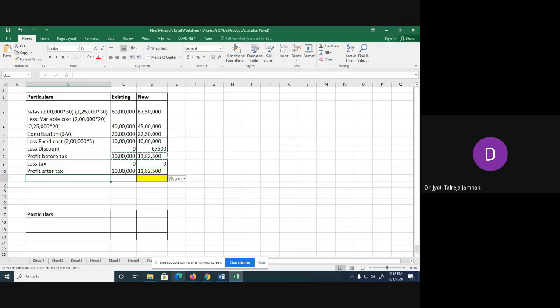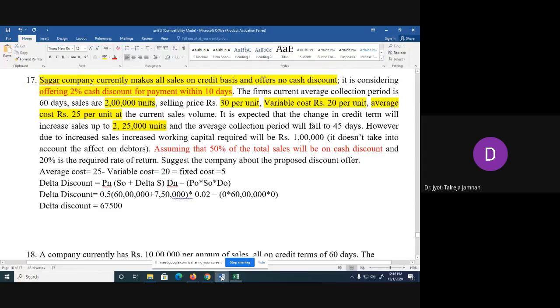Now there is one more thing given here. If you could see, working capital required will be 1 lakh. So this is additional working capital. The cost of this also has to be taken into account. And the cost is given here, 20% is the required rate of return and 1 lakh is the additional working capital.